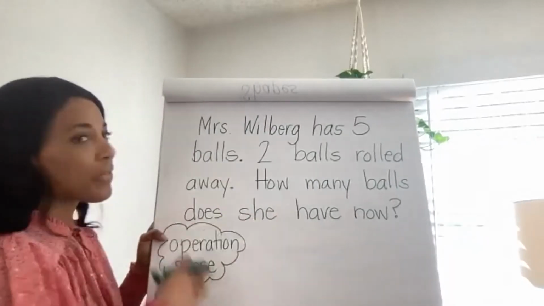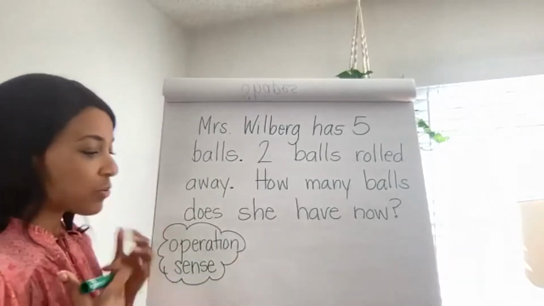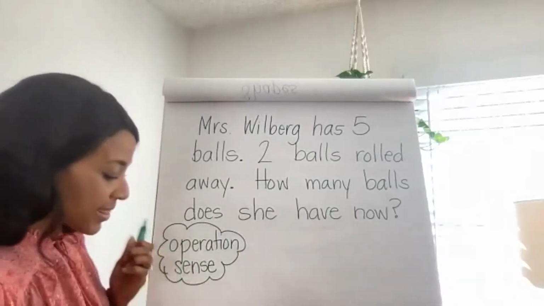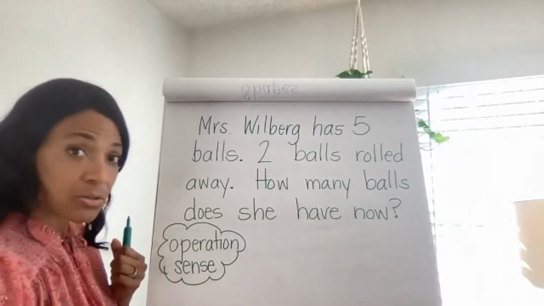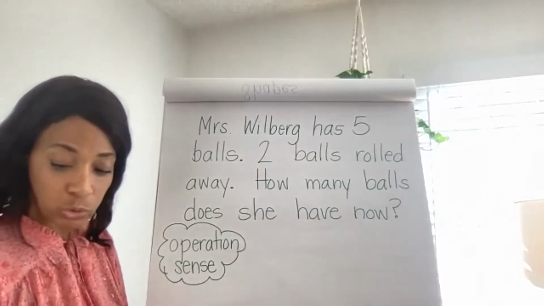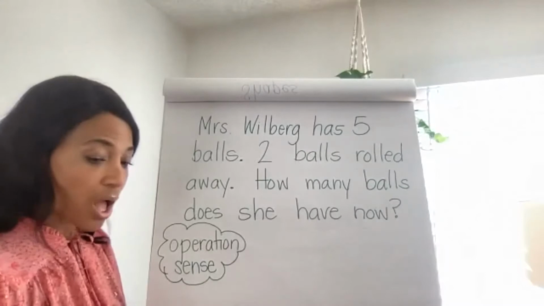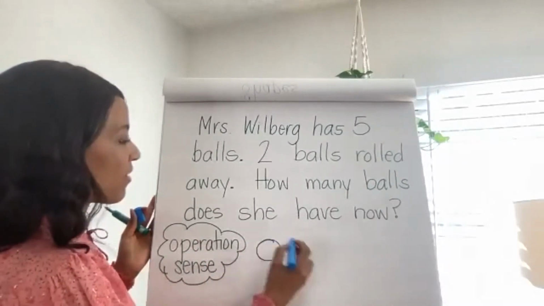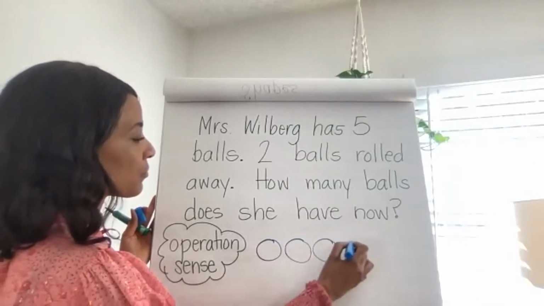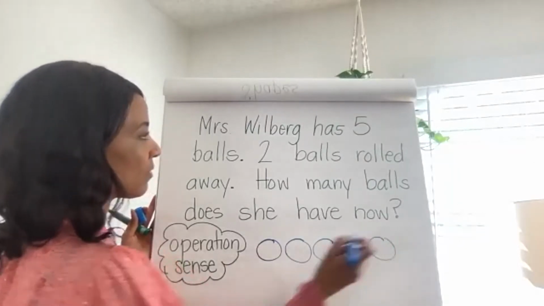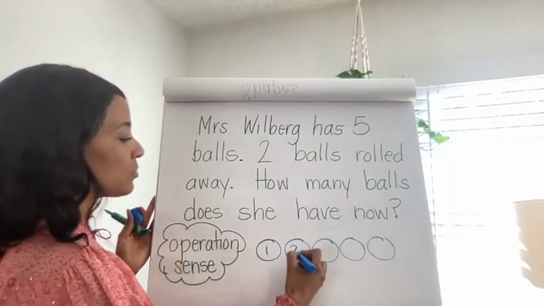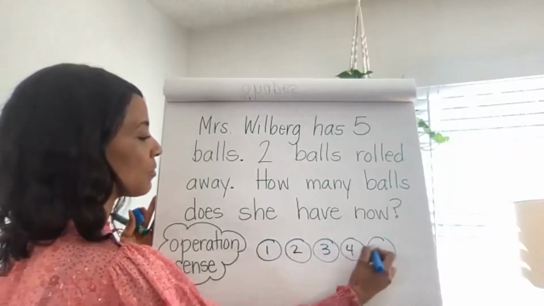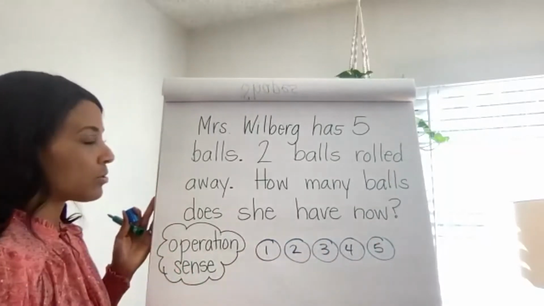So we talk about the problem, ensure kids understand what's happening, and then students can build a model with actual physical tools like cubes and blocks, or they can draw it out. So they might draw the 5 balls. They might label 2 balls rolled away.